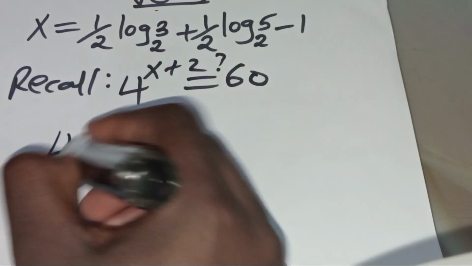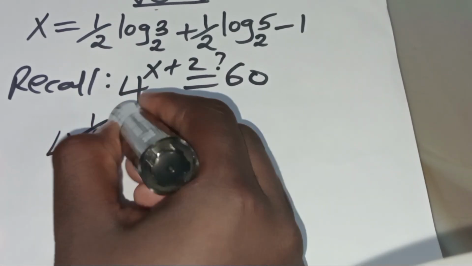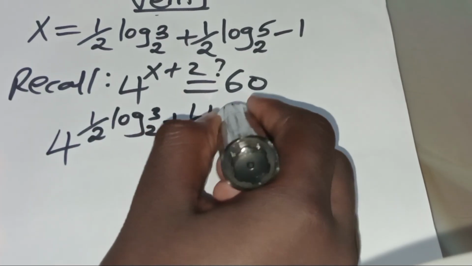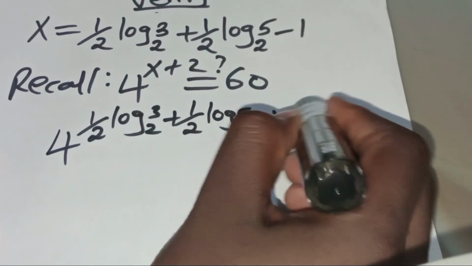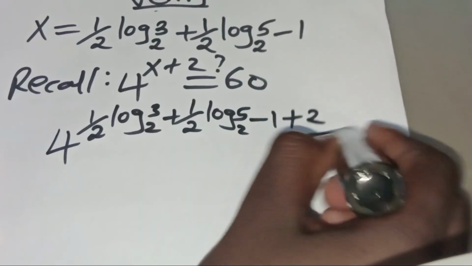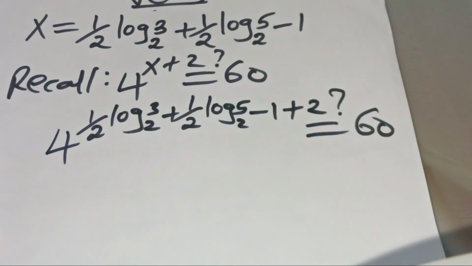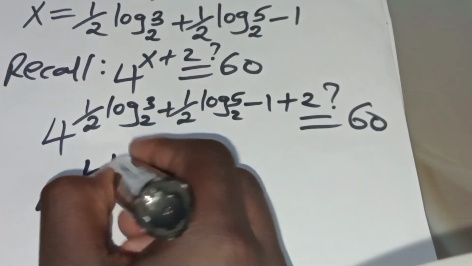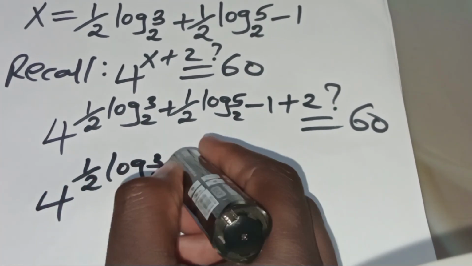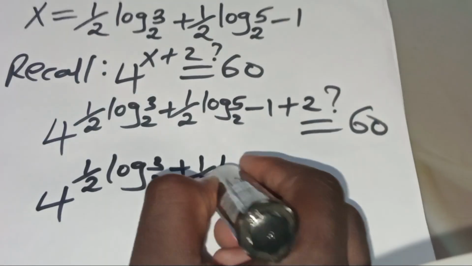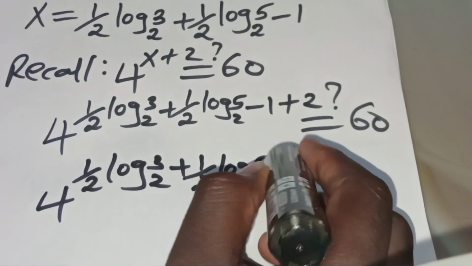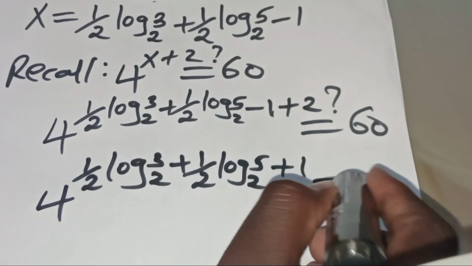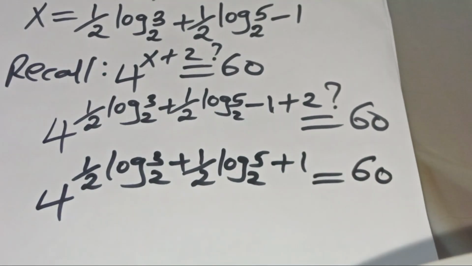You will have 4 to power half log 3 to base 2, okay, plus half log 5 to base 2, subtract 1 plus 2. This should give us a value of 60, okay? So this is the same thing as 4 to power half log 3 to base 2 plus half log 5 to base 2. Okay, this is negative 1 plus 2. This is plus 1. This should give us a value of 60.